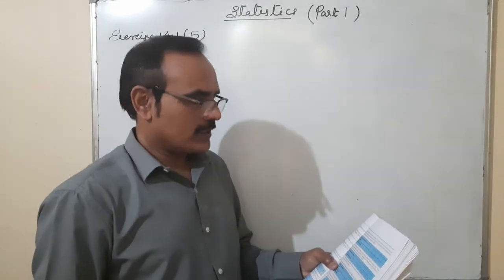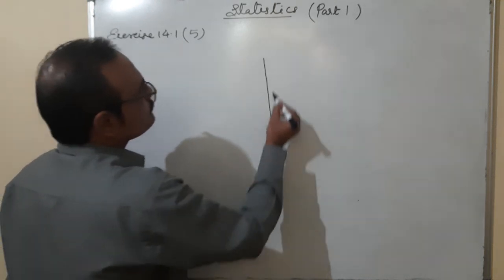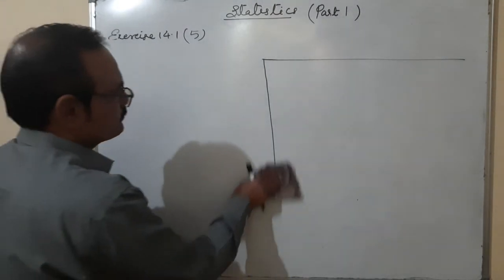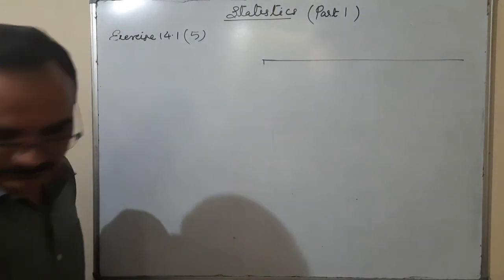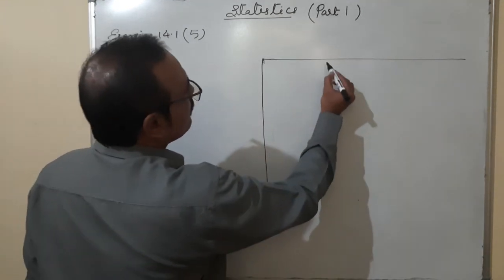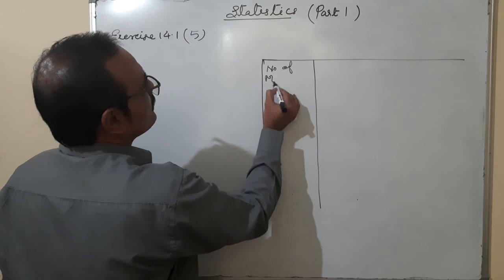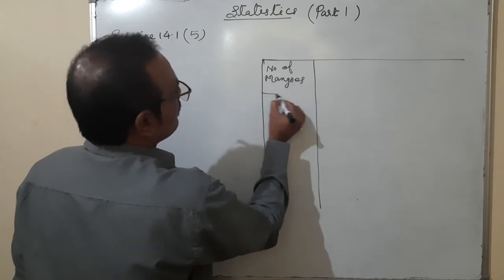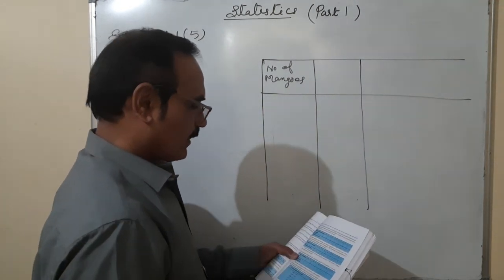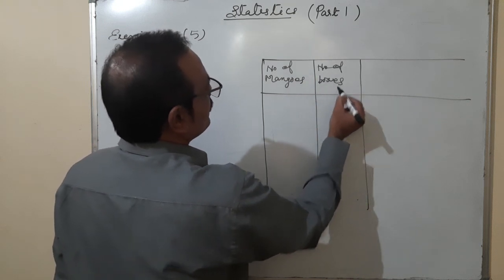In the question, 2 columns are there. One column is the number of mangoes, and the second column, always a column of frequency, is the number of boxes. We are going to find the mean.